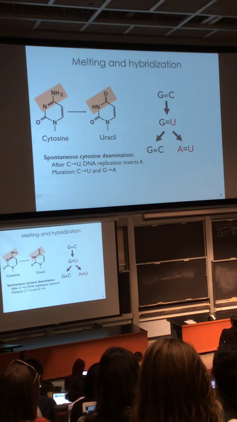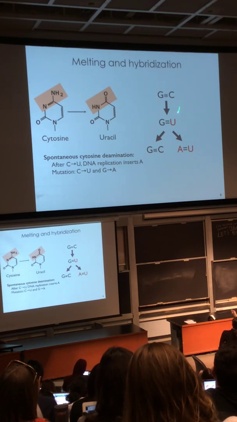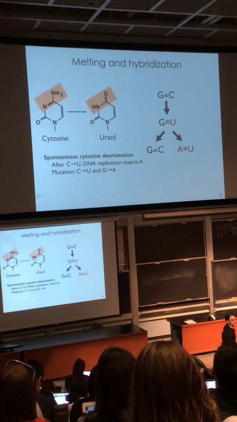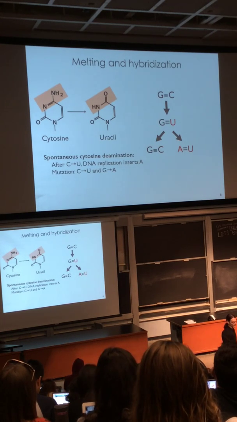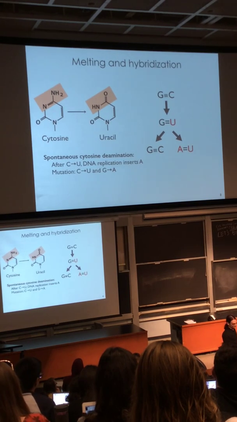Effectively, after this spontaneous C to U change and one round of DNA replication, you've introduced a mutation where a GC base pair in the genome became an AU base pair in one of the daughters. So this is, of course, a major problem for the cell.